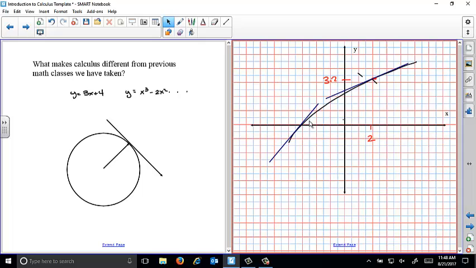From a business standpoint, if this curve were to come up to a maximum and then come back down again, that maximum point is key to a lot of business analyses, maximizing profit. When you're trying to maximize or minimize something, then derivatives are necessary.